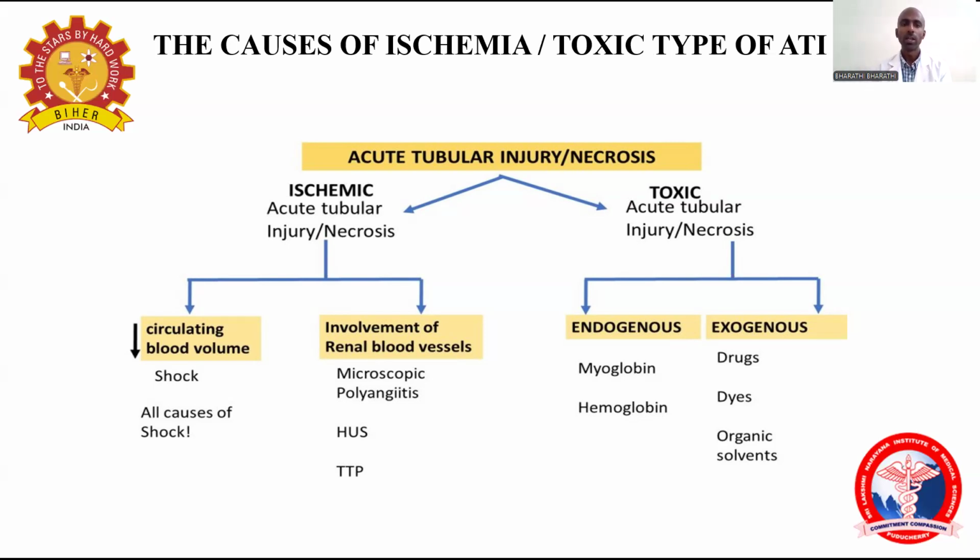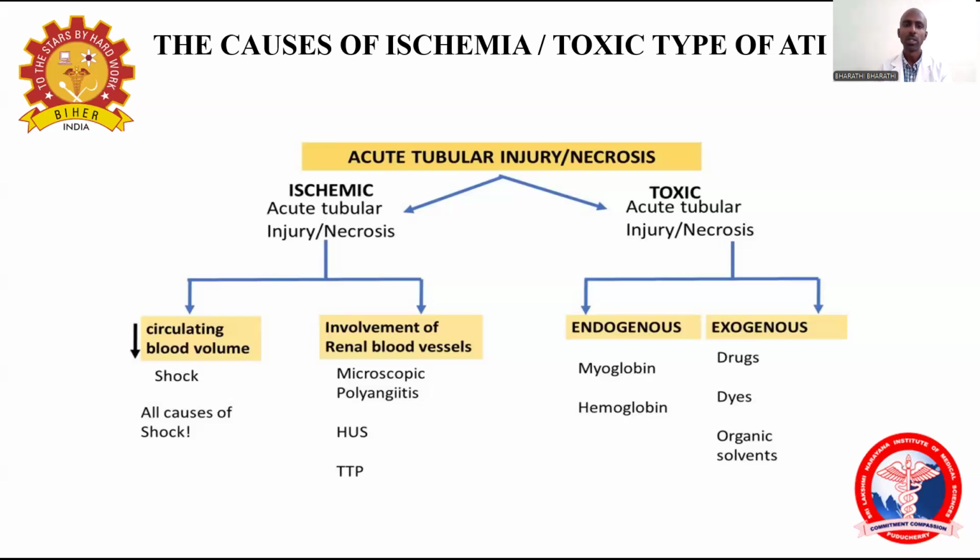Ischemic acute tubular injury: first and foremost, the most common cause is a decrease in the circulating blood volume. It may be due to any shock condition, for example hypovolemic shock, septic shock, or cardiogenic shock.